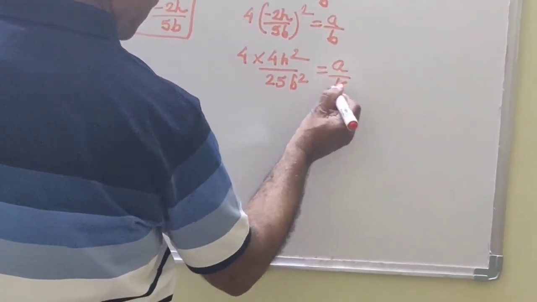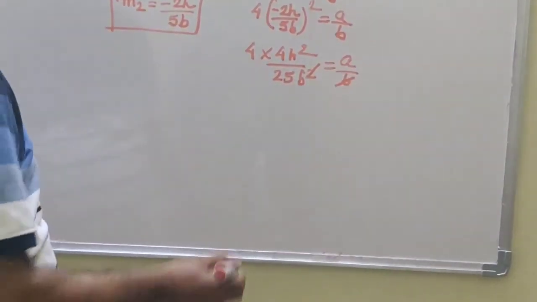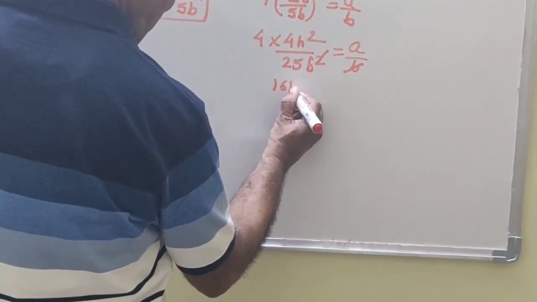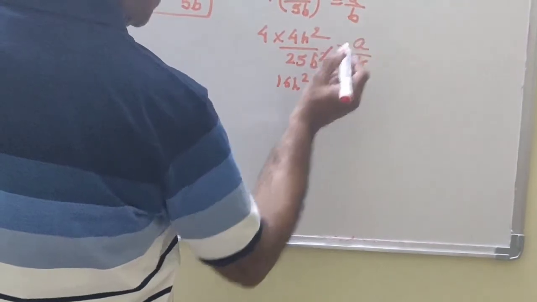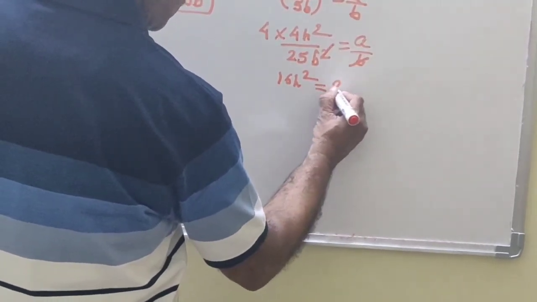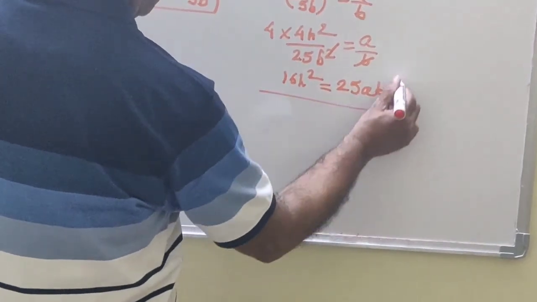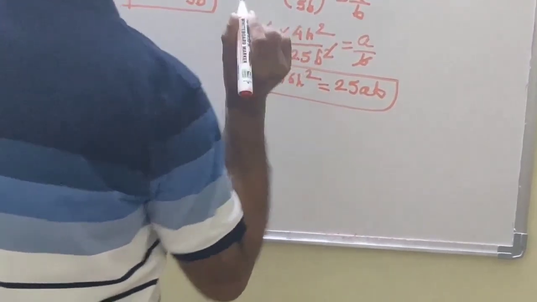Now I can cancel this b with this, so I get 16h² and transferring this term here, it is equal to 25ab. This is the required answer for the given equation.